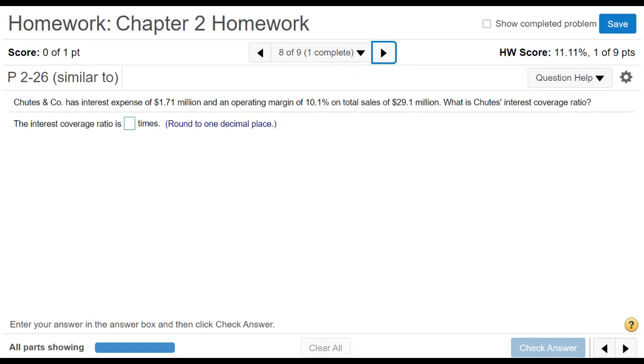That's the formula there. 0.101, this gets converted. That's the only way you can do multiplications, when you have to convert this percentage into a decimal. So this becomes 0.101 times 29.1 divided by 1.71.